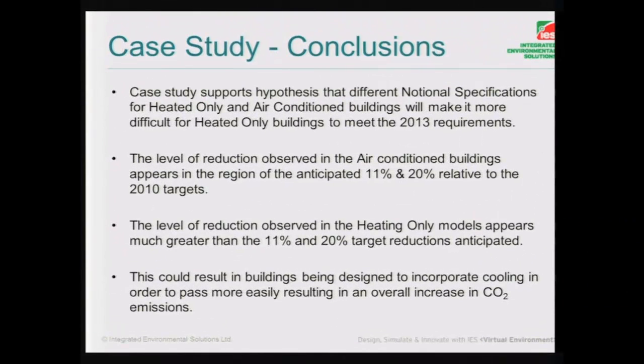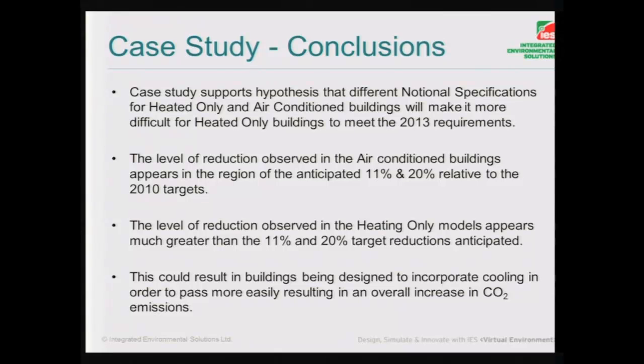Okay, so the conclusion from this case study is that it supports the hypothesis that if you've got a heated-only building, it will be tougher to demonstrate compliance compared to an air-conditioned building. When we were looking at the specification for that building, that was pretty much a no-brainer, but I think it's fairly conclusive proof.